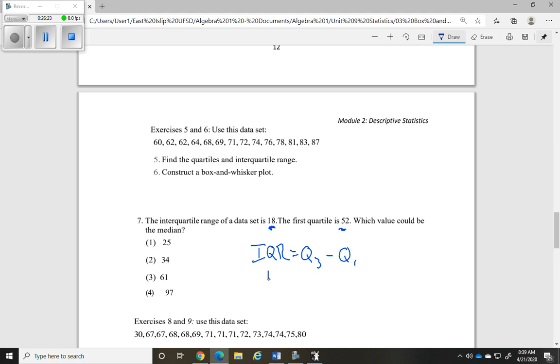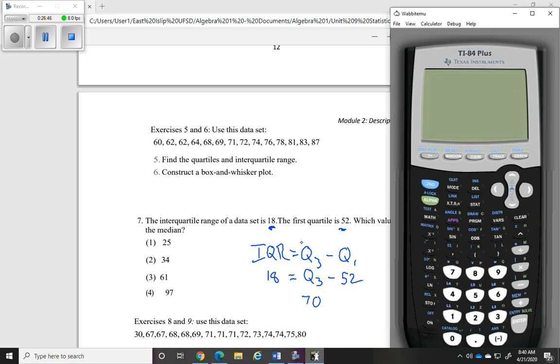If I know the interquartile range is 18, I don't know Q3, but they told me that the first quartile is 52. I can see that quartile 3 must be 70, right? 70 minus 52 is 18.